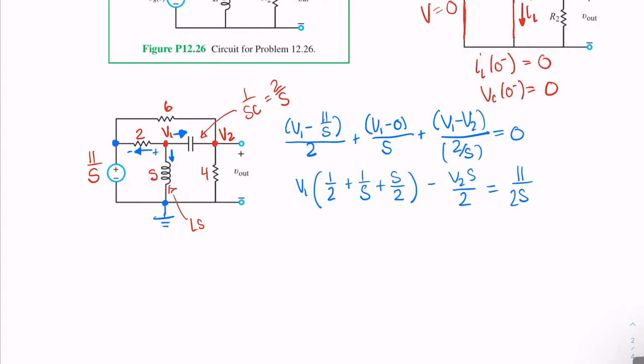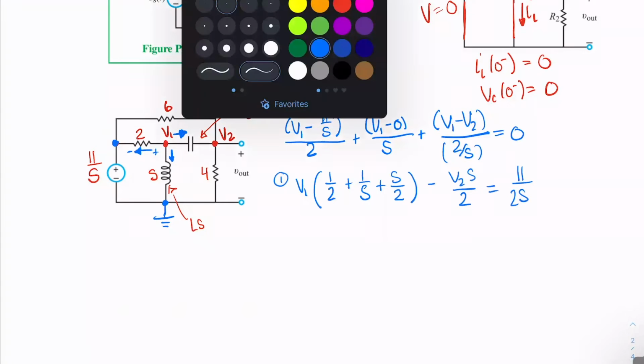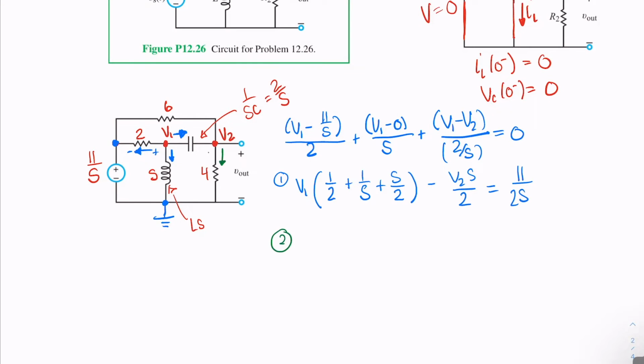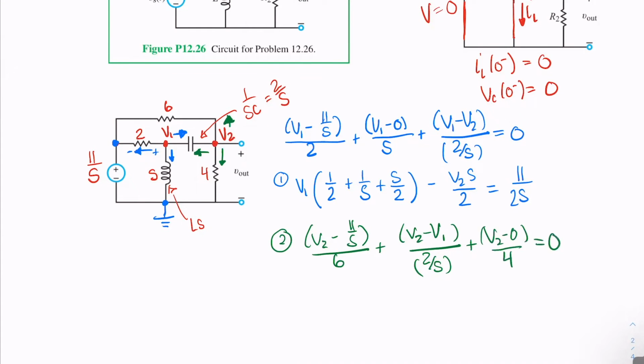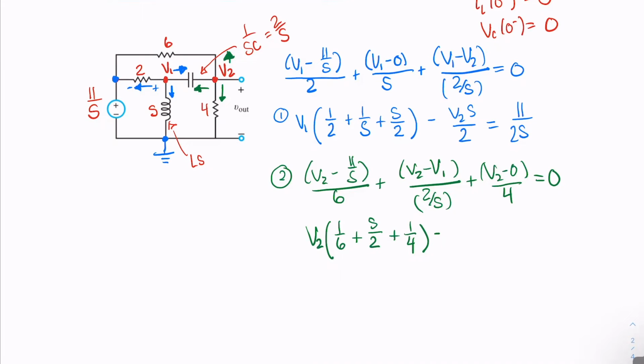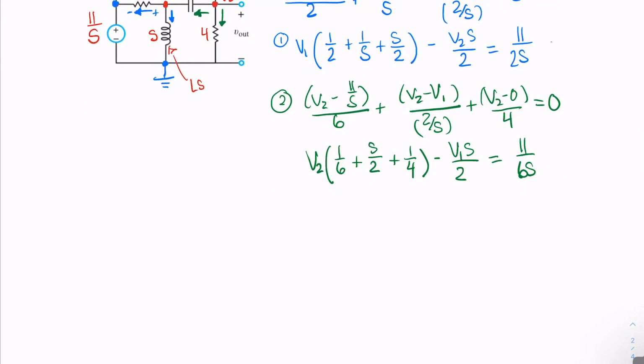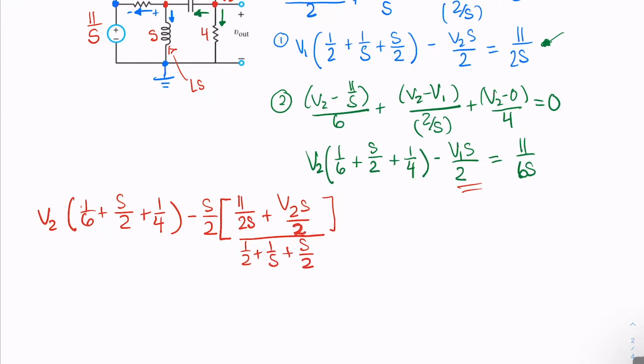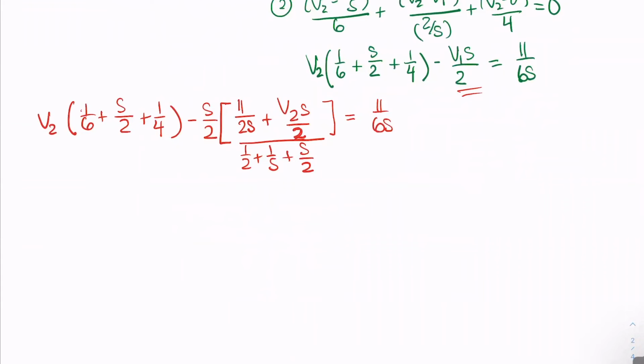So I'm just combining all of those together. All right, my second equation is going to be this current, and this current: the one through the 6 ohms, the one through the capacitor, and the one through the 4 ohms. So I can solve this one for V1 and then plug in here. And now I have one equation with one unknown. I'm going to try to simplify this as one common denominator.